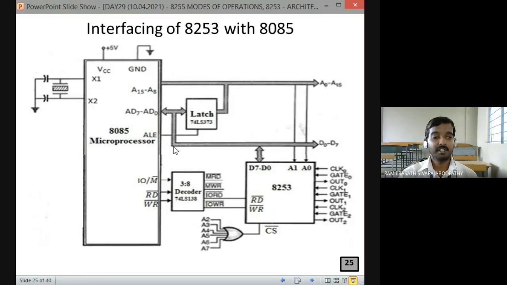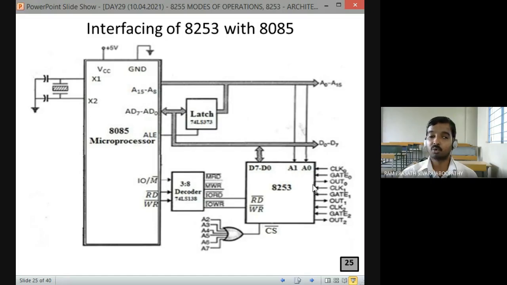Then coming here, see what we have done: AD7 to AD0. If we take this directly, it is the data line, as we have said, correct? So this is connected to D7 to D0 of 8253, correct? In this address line, only 2 lines are taken: A1 and A0 are connected directly.